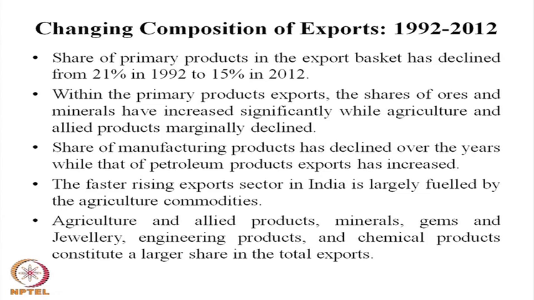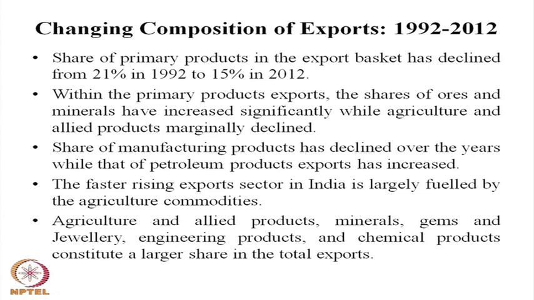This is the analysis of the last 25 years of data shown to you, and it indicates that there has been a significant change in our export composition and earning, and also within the primary product and manufacturing sectors. This has given more value addition to our export side.